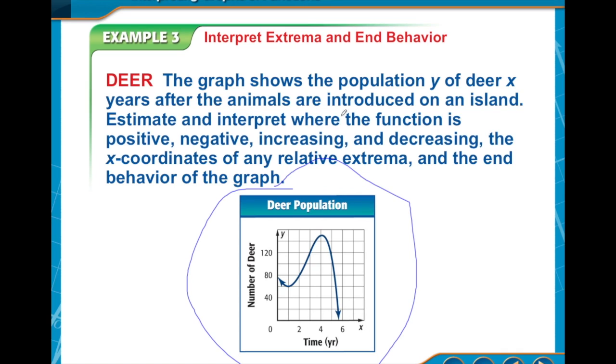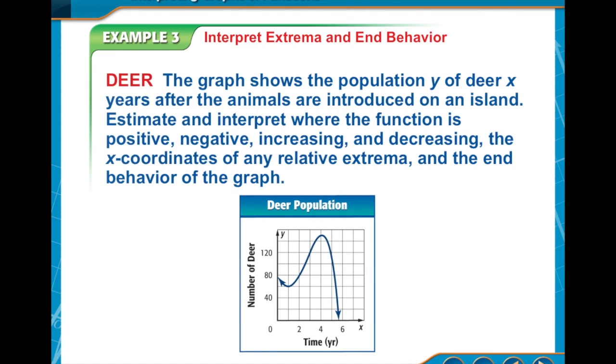They ask us to talk about where the function is positive and negative, where it is increasing and decreasing, any extrema that we might see, and the end behavior. So those four things we just discussed, we'll have to find in this graph. Hopefully you have an image close to that so we can now describe it.